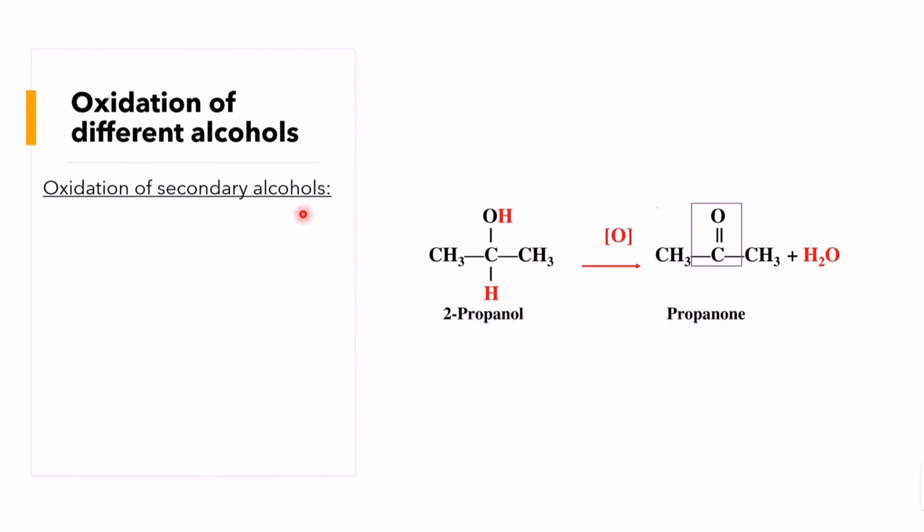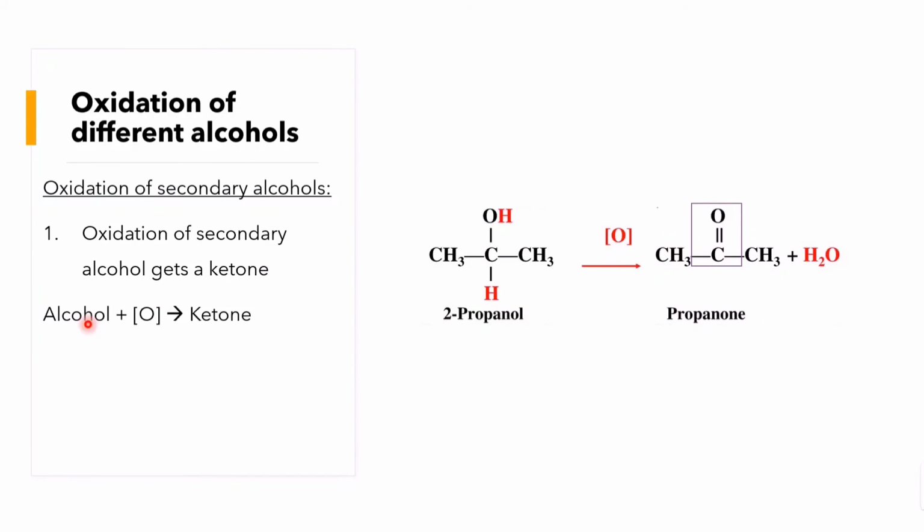So now moving on to oxidation of secondary alcohols. A secondary alcohol will be oxidized into a ketone always. So our alcohol plus our oxidizing agent will always form a ketone when it's a secondary.